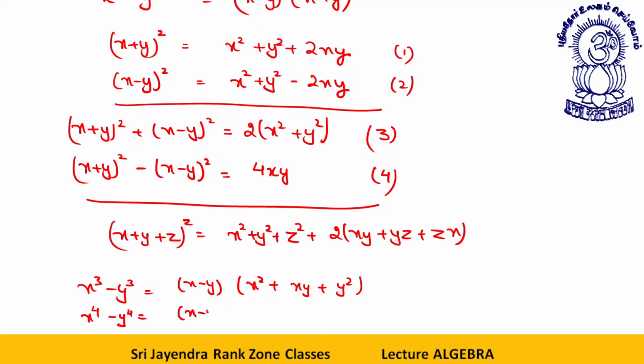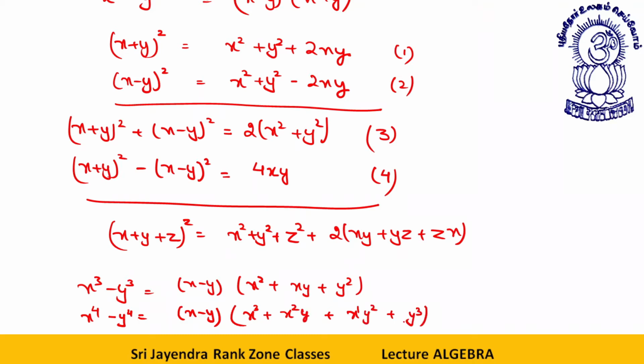That will be x minus y, and look, the power is 4. Let's start with 3 now. X cube, keep on reducing the power of x by 1 each time. Next time it will be x to the power 0, but I won't be writing it. Then keep on increasing the power of y. There is no y here, put 1 y here. Put 2 y's here, put 3 y's here.